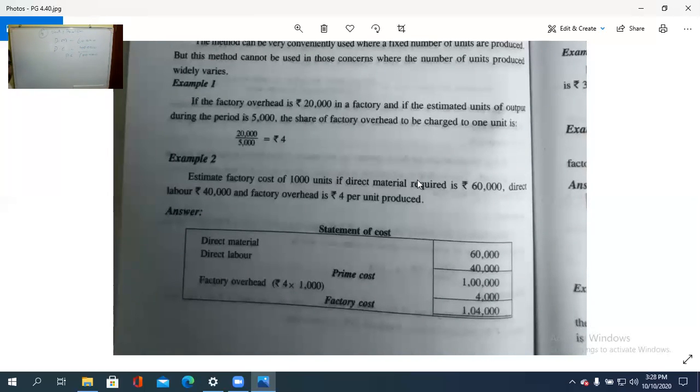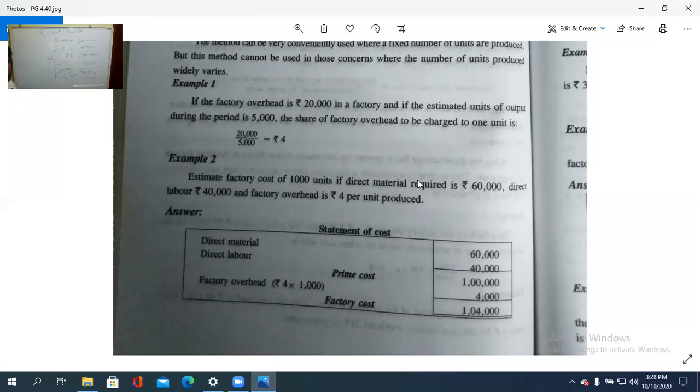How many units are produced? 1,000. So 4 into 1,000 is 4,000. So 1 lakh 4,000 is the factory cost or work cost. Clear? So this is the next step.